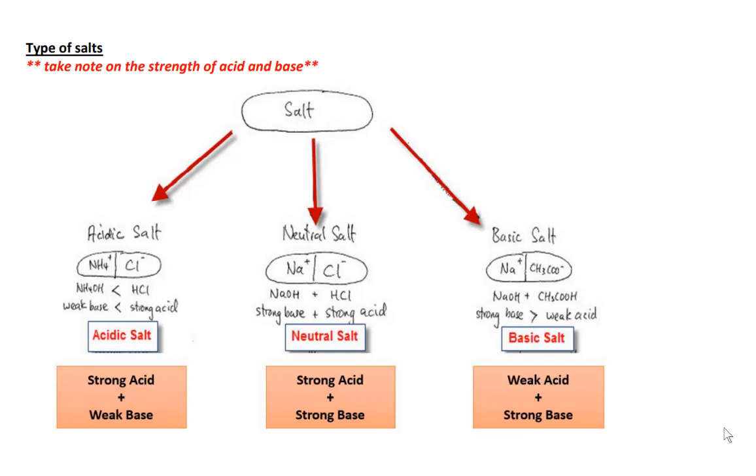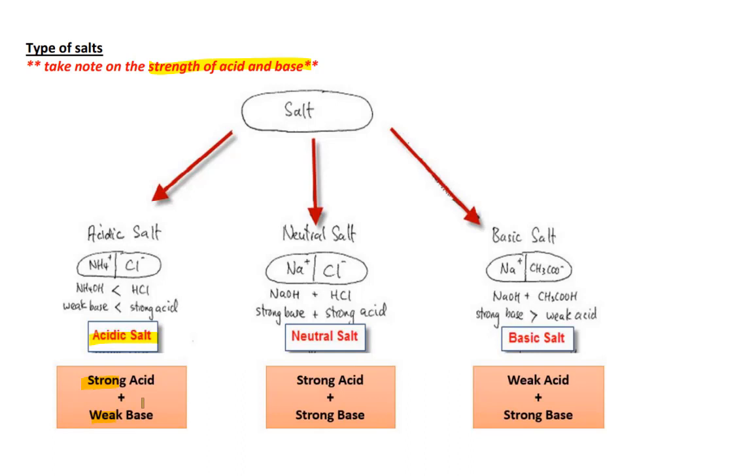So there are three types of salt, depending on the acid and base that you are using. You need to take notes on all the examples of strong acid, strong base, weak acid, weak base. First, an acidic salt is produced from the neutralization reaction between a strong acid and a weak base.